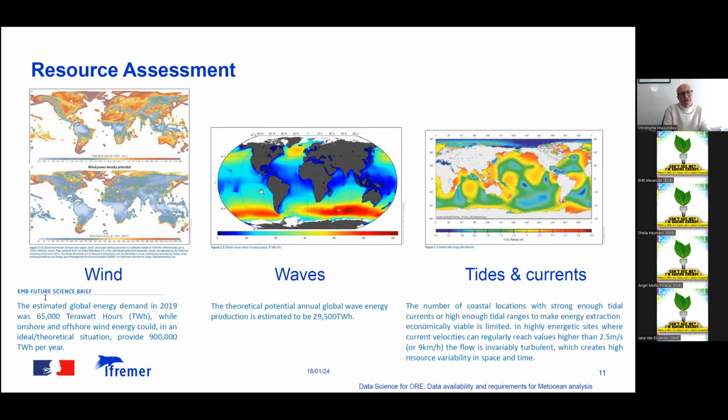Tides and tidal currents are also available, but in more restricted areas, because for proper extraction we need strong enough currents with high velocities, above 2 meters per second. So only a few locations provide these high velocities.